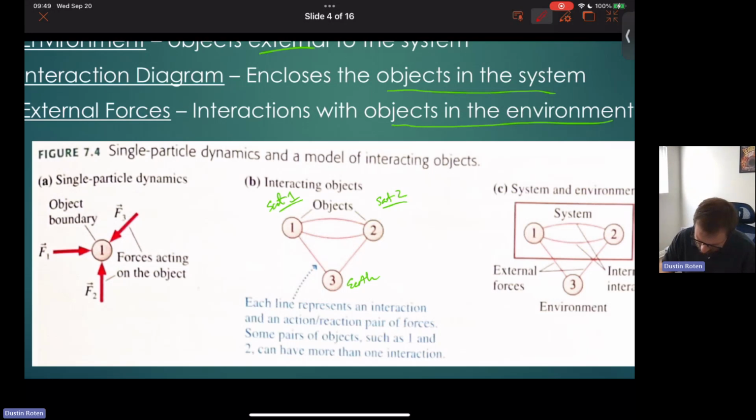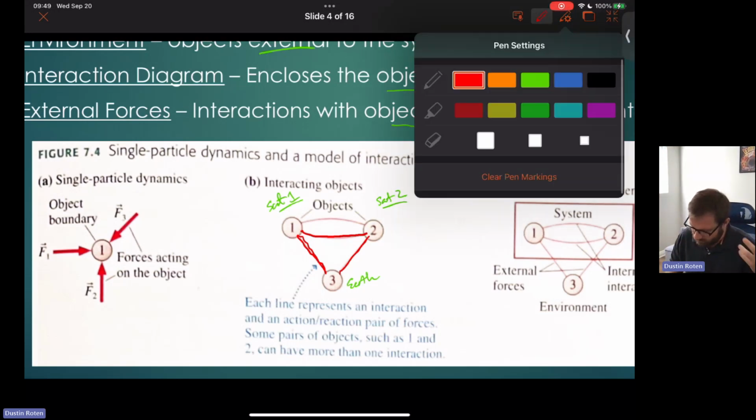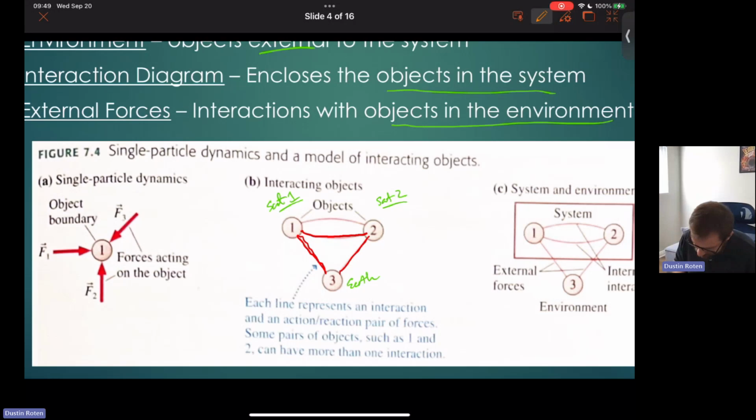One satellite has gravity between Earth and it. For satellite 2, there's gravity there holding that thing in place. There's also gravity between the two satellites. They both have mass, which means they're both attracted to each other. And perhaps they're tethered, so there's another interaction. That's what these lines are for. Each one represents an interaction.